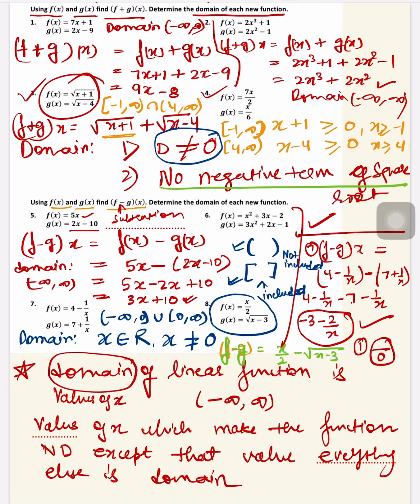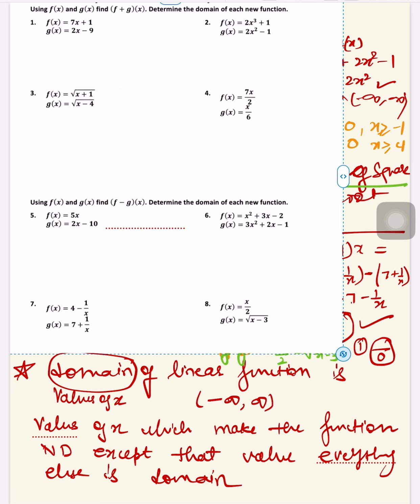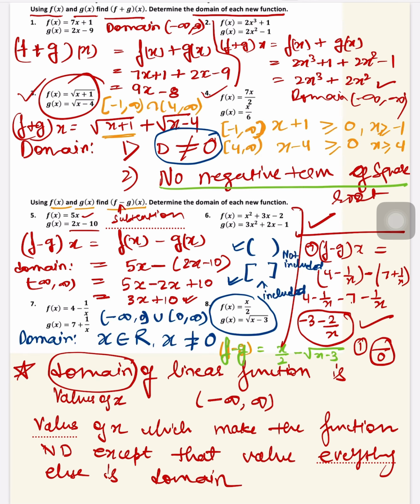So the value inside the square root is never negative. It can be zero, it can be positive, but never negative. So x minus 3, what is the meaning of positive?